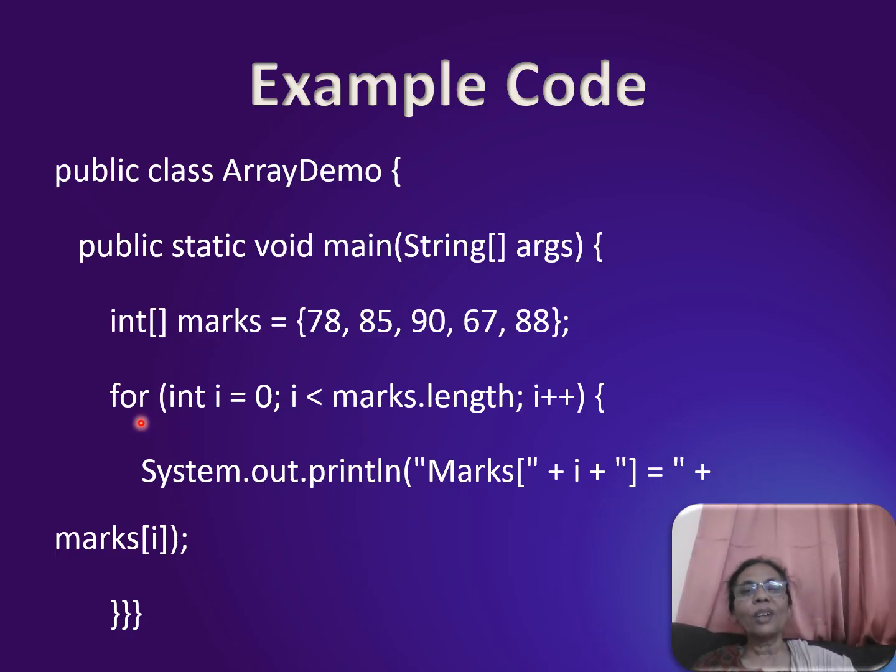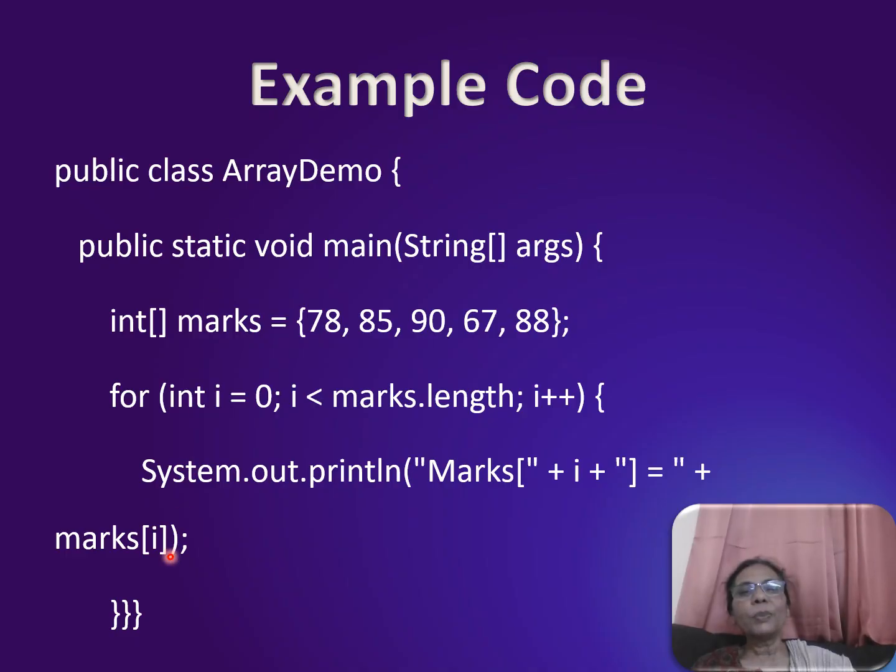Now you can just run a loop. See, array is always working with the loop. So here you can run a loop: for i = 0; i < marks.length; i++, System.out.println(marks[i]). So here we are specifying the position as marks of i.